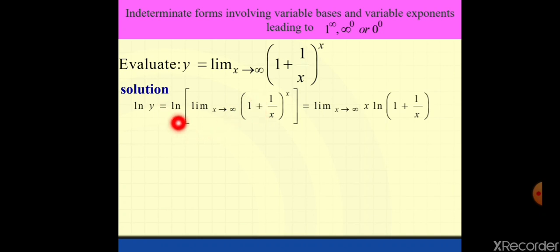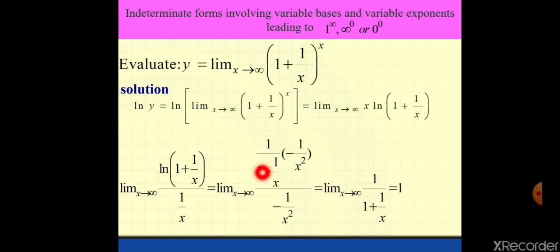Now you can interchange between ln and the limit. So your problem will be the limit of ln (1 plus 1 over x) to the power x, and you can put this power in front of the ln. So this is our form: limit when x approaches infinity of x ln (1 plus 1 over x). The power x comes down in front of ln.